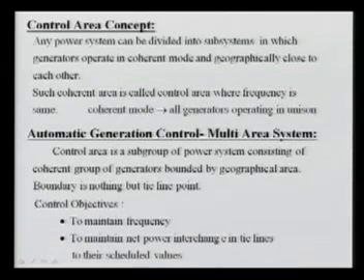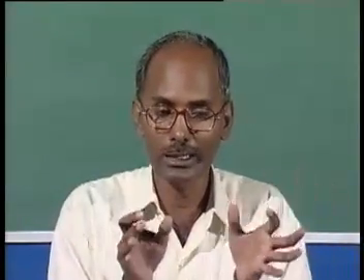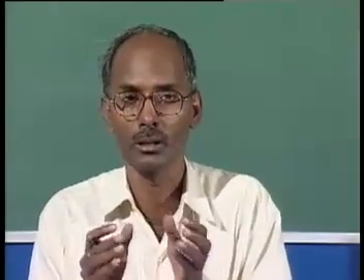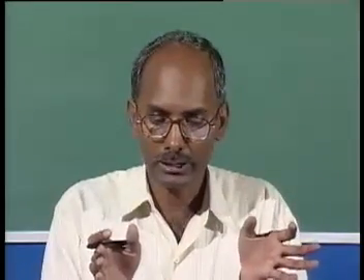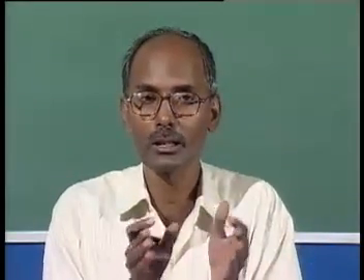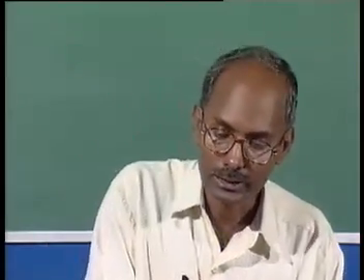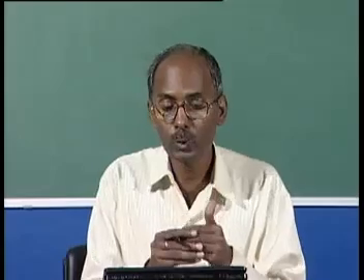Coherent means they are operating in coherency, meaning whenever there is some disturbance, the oscillations of these generators correspond to the same, because there will be deviation. Suppose there is a certain change in the load; the generators which are in the coherent mode will oscillate, and the relative oscillation between these generators will be 0. So that is called coherent mode, and also they must be geographically close to each other.